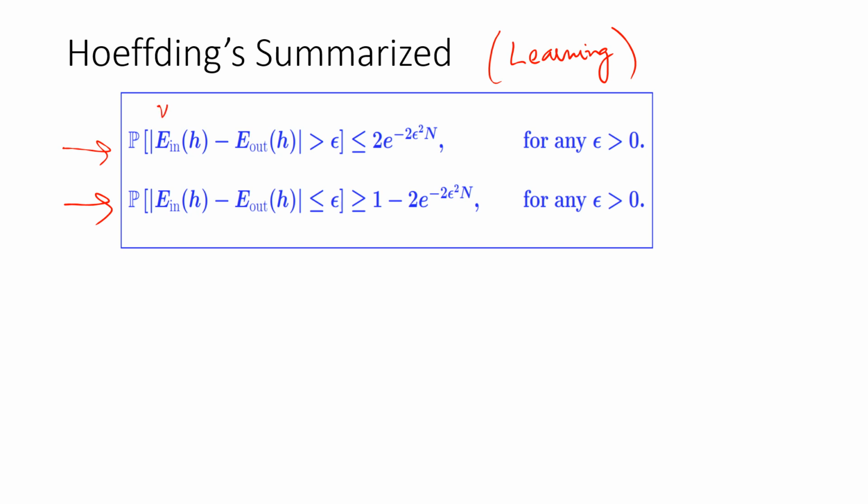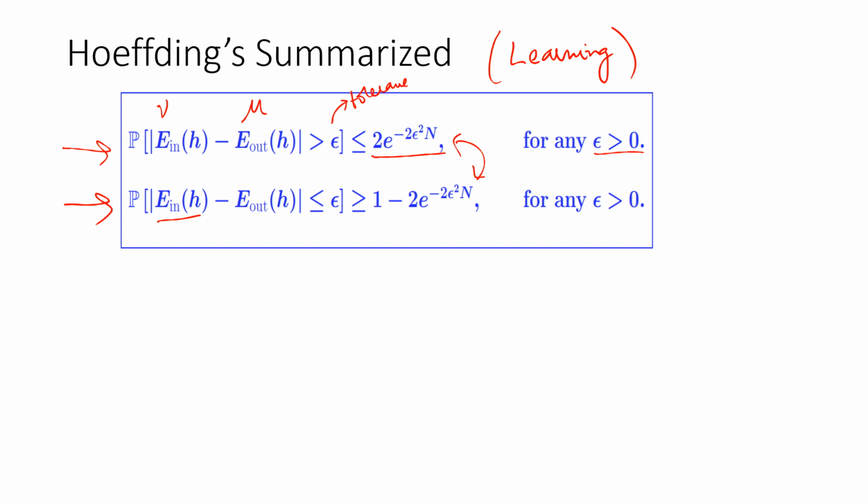For the bad, instead of nu and mu, I have E in calculated over some hypothesis h minus E out, which has to be greater than my tolerance epsilon, and I decide that the probability should be less than this value, which we already know, for any epsilon greater than 0, so some finite error tolerance. Similarly, for the good, nu and mu are replaced by the in sample error and the out of sample error, whose difference should be less than some epsilon, and the probability has to be greater than 1 minus that bound. So this is just the complement of the other.